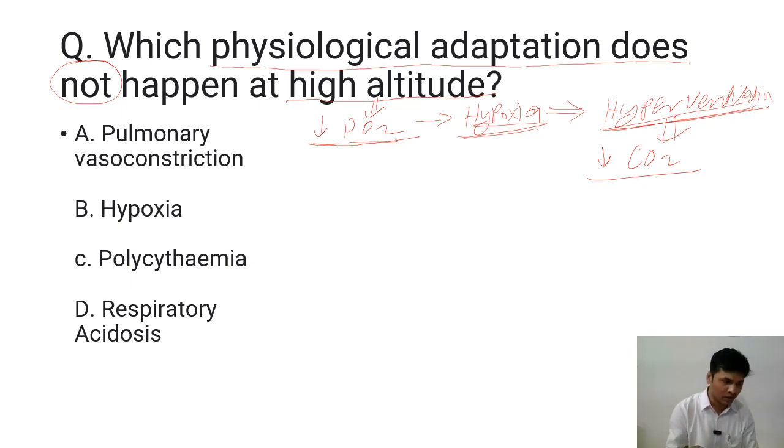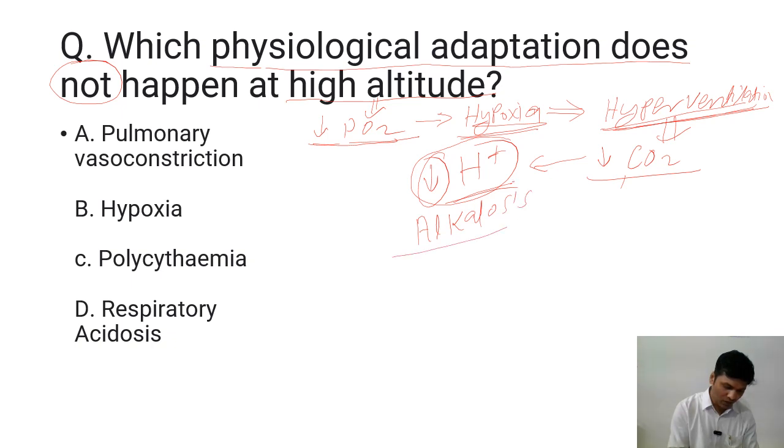Carbon dioxide is acidic in nature, so H plus ion will also decrease, because CO2 plus H2O gives H2CO3, which dissociates into hydrogen plus bicarbonate. So hydrogen ion concentration will decrease, leading to alkalosis.